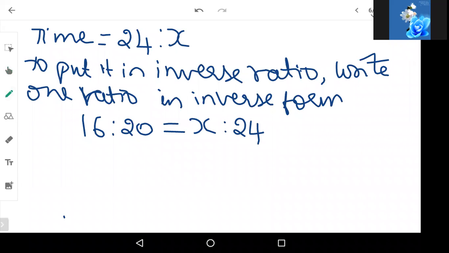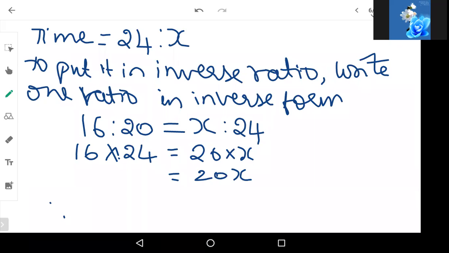Now solve it as usual. Product of extremes is equal to product of means. Now in product of extremes, you have 16 into 24 is equal to 20 into x. So 16 into 24 is how much? 16 into 24 is?